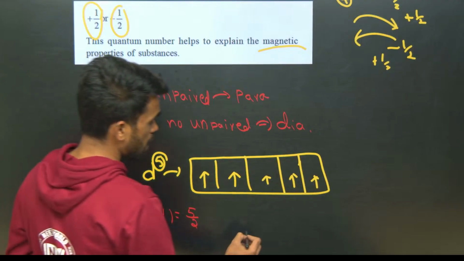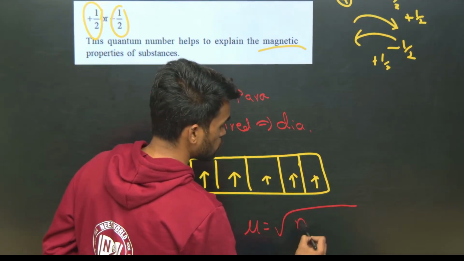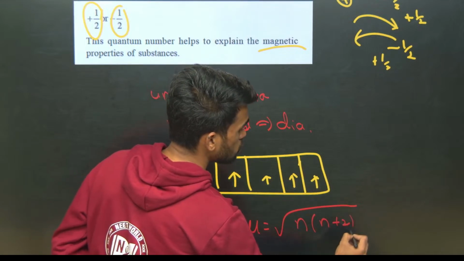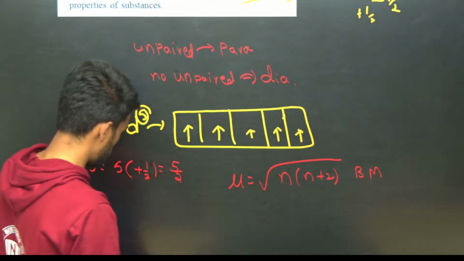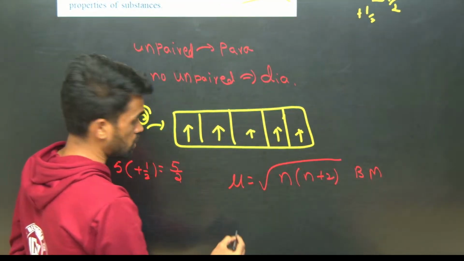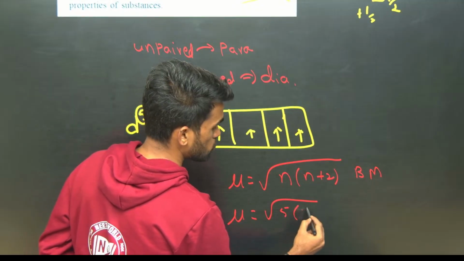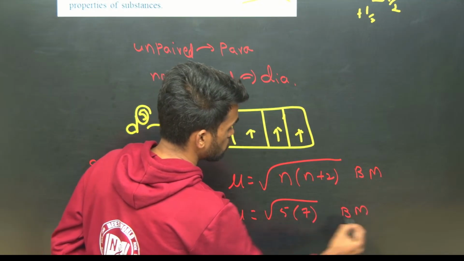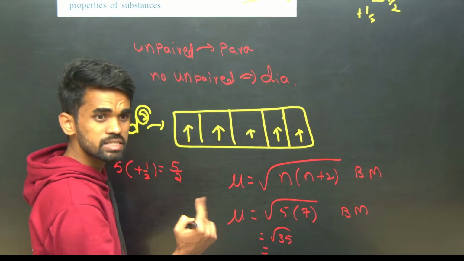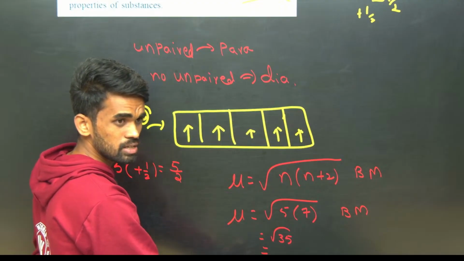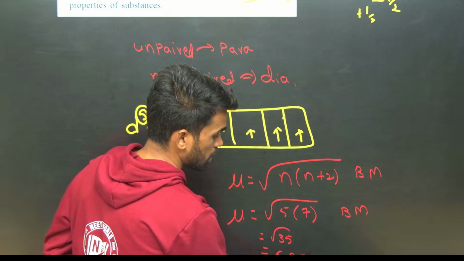And if they ask for the magnetic moment, the spin-only magnetic moment value is root over n into n plus 2 Bohr magnetons. What is the n value? n represents the number of unpaired electrons. How many are there? 5 are there. So 5 into 5 plus 2 is 35, root 35 Bohr magnetons. Root 36 is 6, so root 35 is around the same, about 5.85 Bohr magnetons.